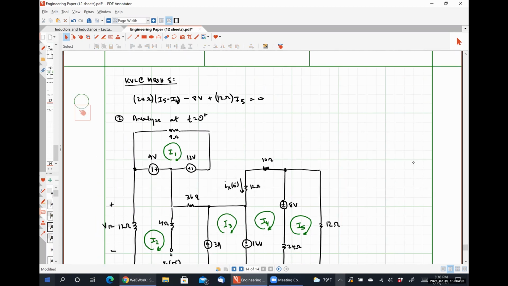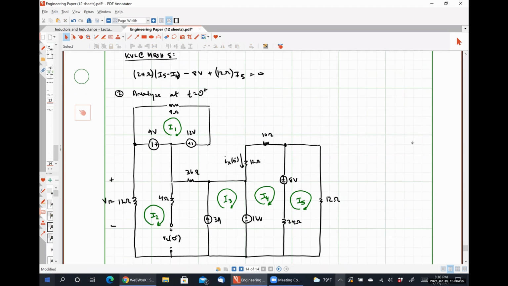So what changes when my switch closes? When my switch closes, I have a short circuit between these two points. And so now I'm going to have some mesh current I6 that I have to take into account as well.